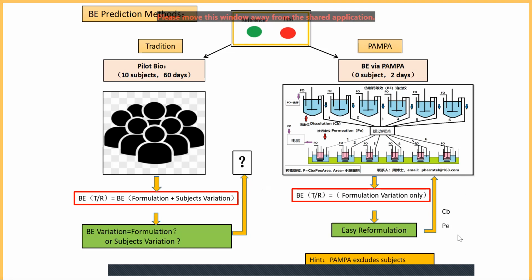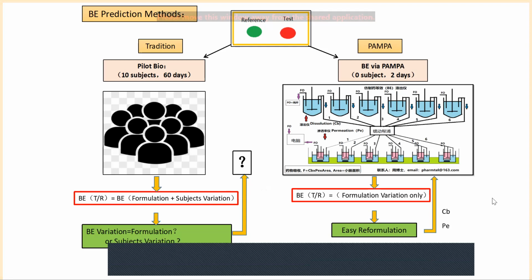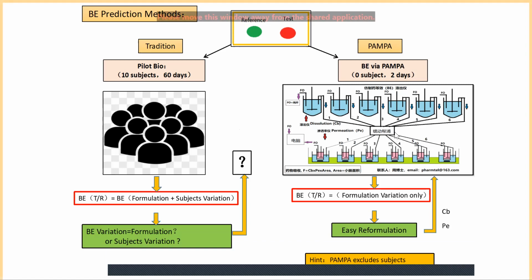So in this case, this PAMPA dissolution really just excludes the subject variation, right? It's purely the machine comparison, the RLD versus test. So the only variation that will show on the graph, as we just saw, is the formulation variation.